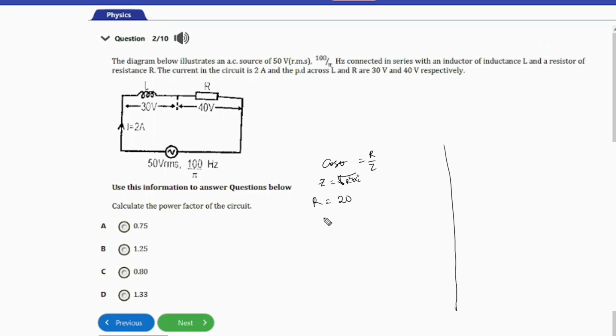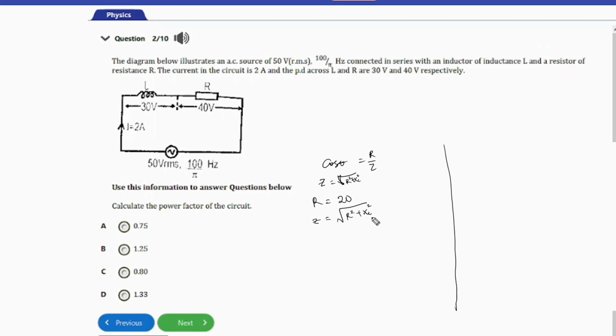So R is already 20. The next thing to calculate is Z. In order to get Z, we're going to have the square root of R squared plus X squared. Actually, it's X sub L squared. So that's the inductive reactance here.